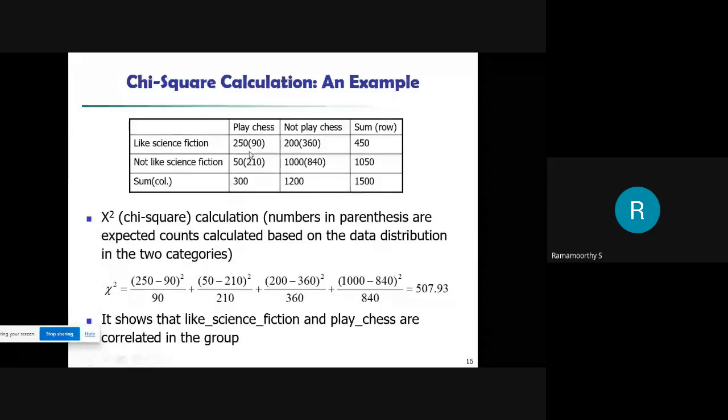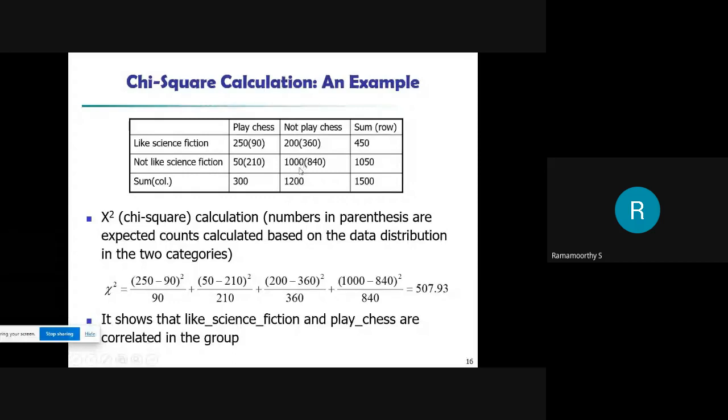According to this example, 250 play chess and 200 do not play chess, out of 360 in total. For people who do not like science fiction, 50 play chess and 1000 do not play chess.